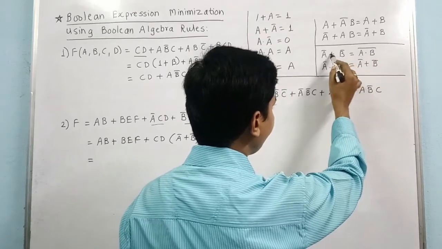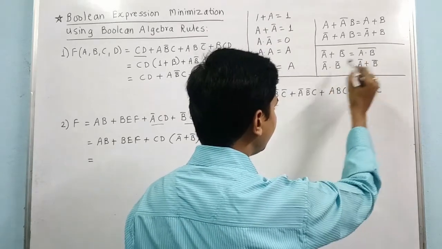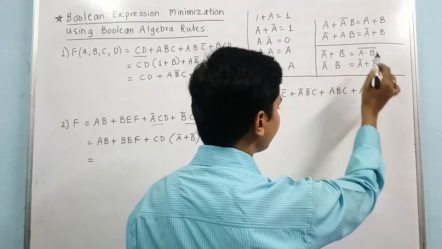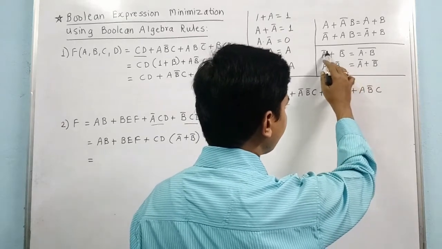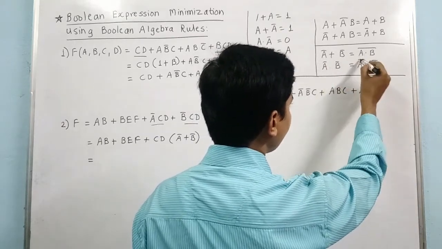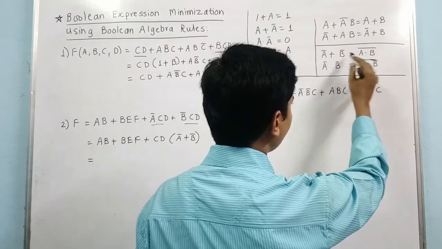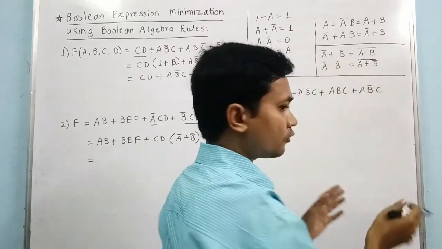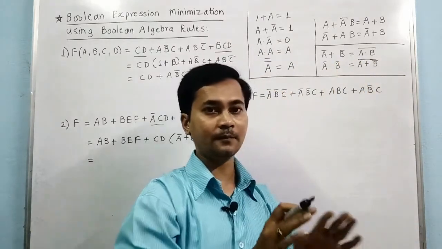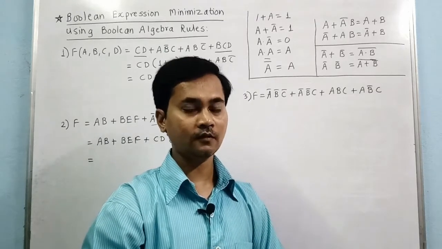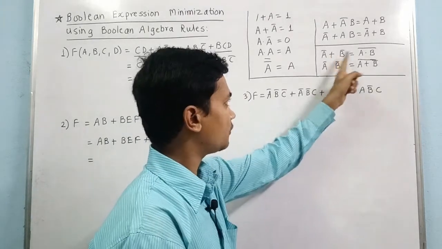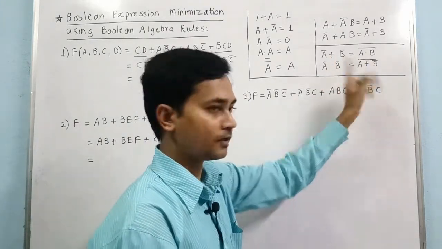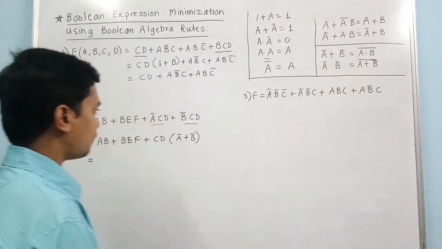Here plus is converted to dot, and dot is converted to plus, so that the bars are separated onto each and every variable. This is the only rule of De Morgan's.